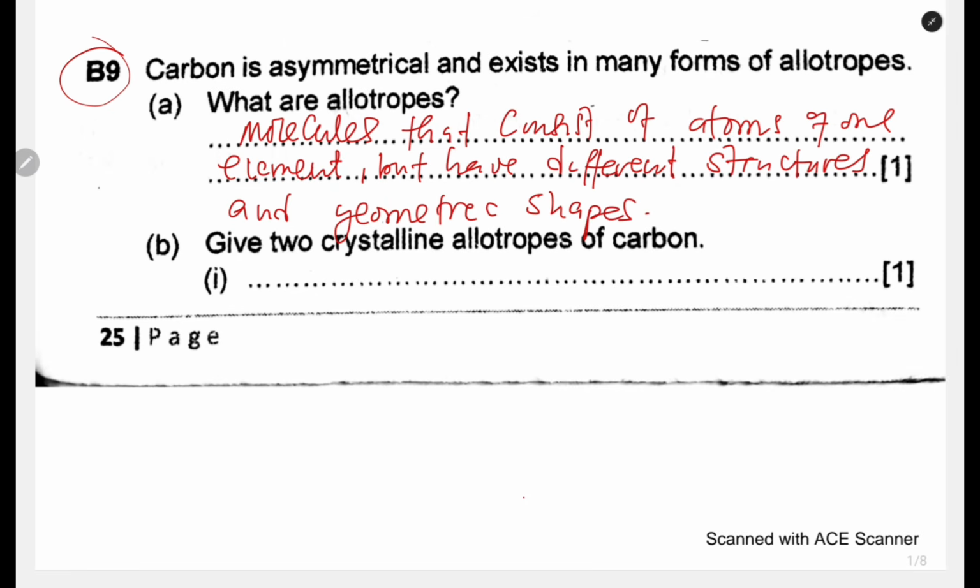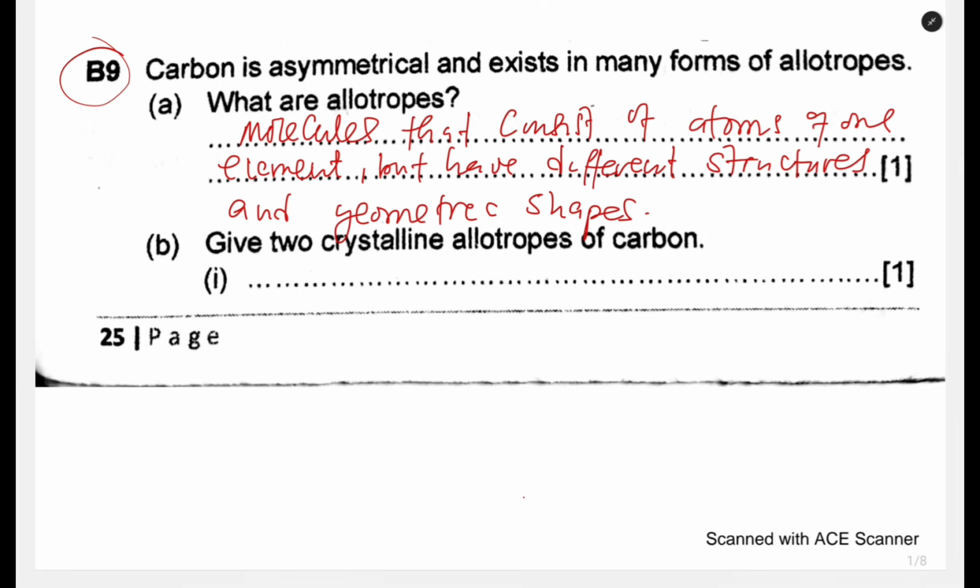And in this case also you should take note that they have also different physical properties. So allotropes are just molecules that consist of atoms of one element but have different structural and geometrical shapes.